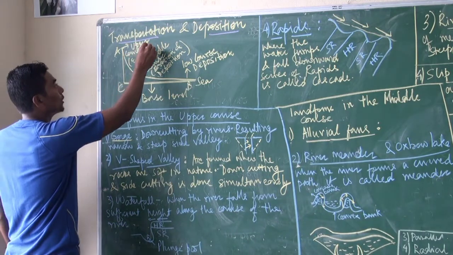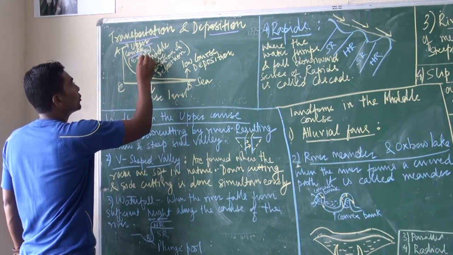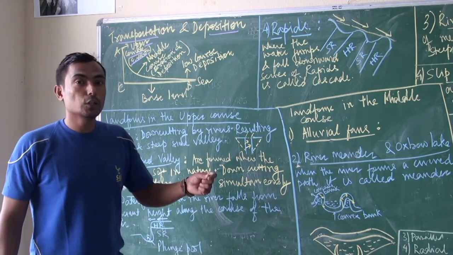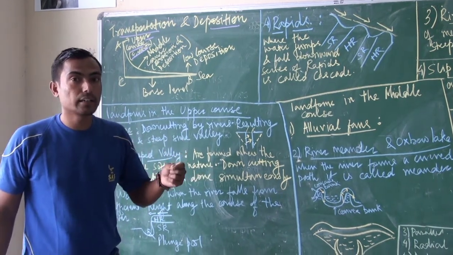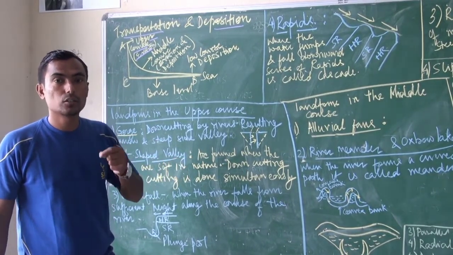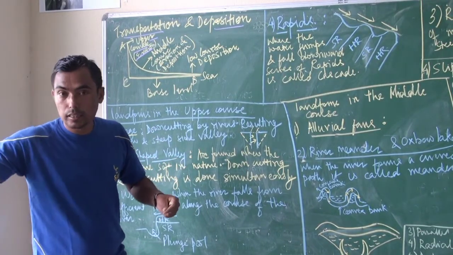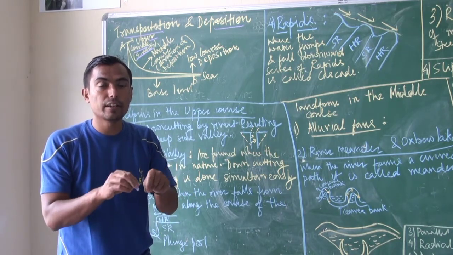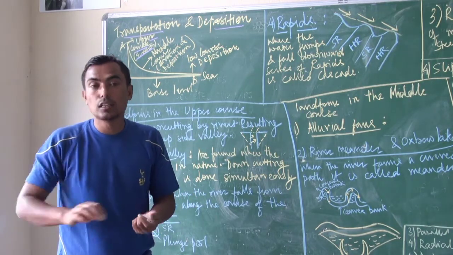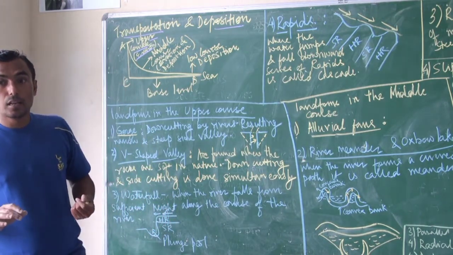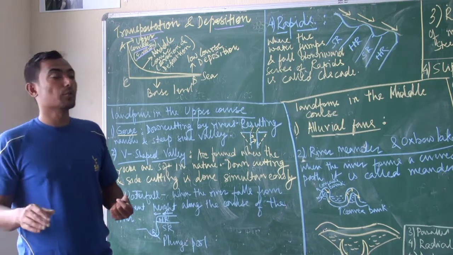The first course is called the upper course. Clear? In the upper course, erosion is more active. There is only erosion in the hills, in Kalimpong. Whenever heavy rainfall takes place, you can see that the loose soil particles are washed away.